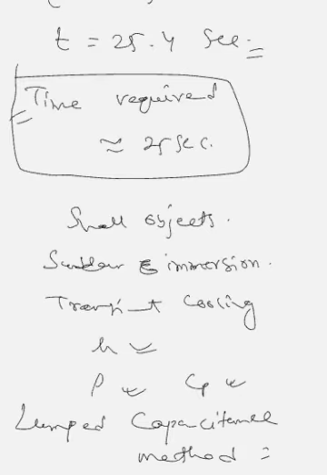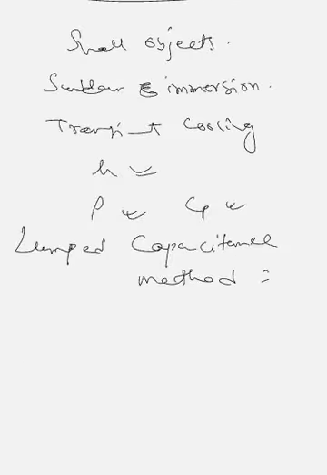Okay, and remember for a sphere, A by V is equal to 3 by R. That saves the time. Okay, now this is a transient cooling problem, and lumped capacitance method is applied here, and final time required is 25 seconds.